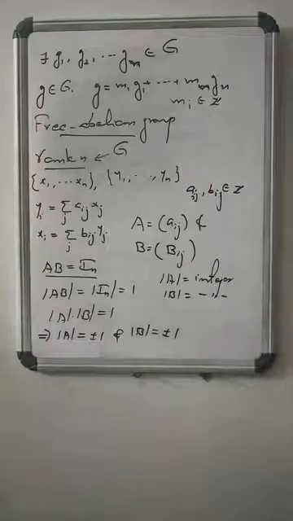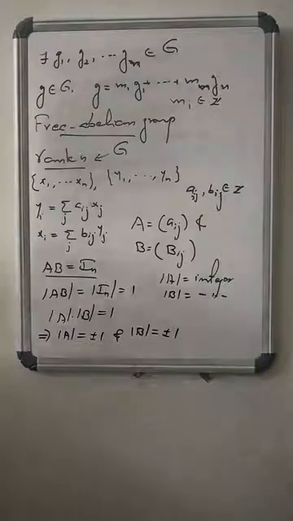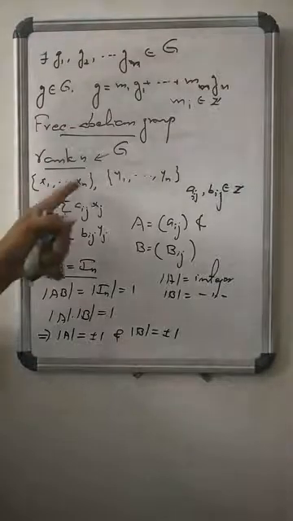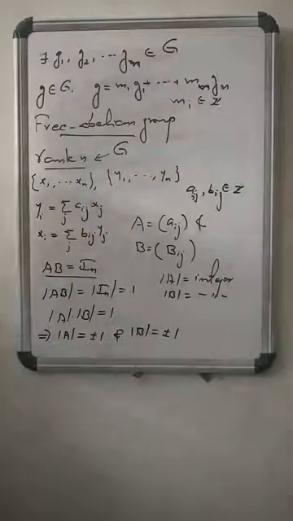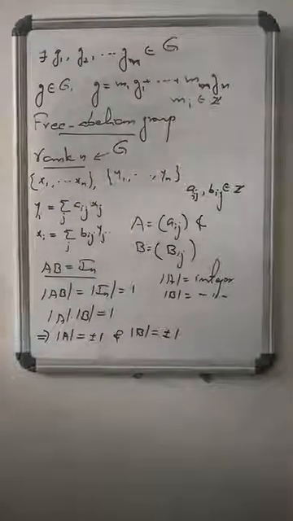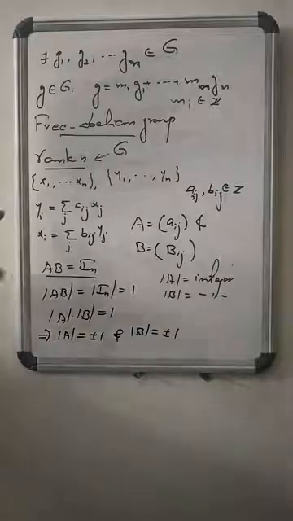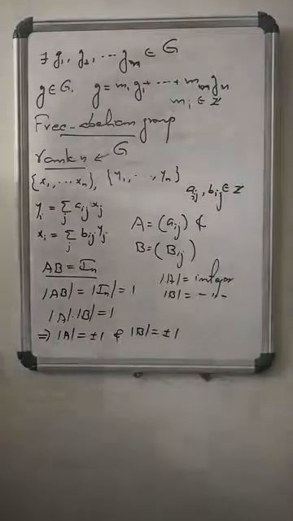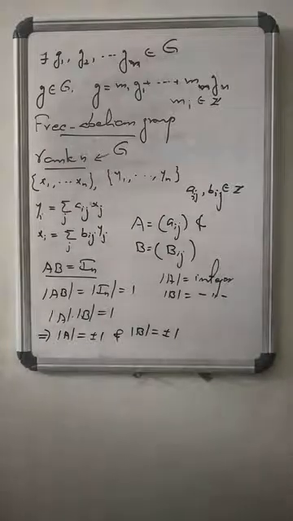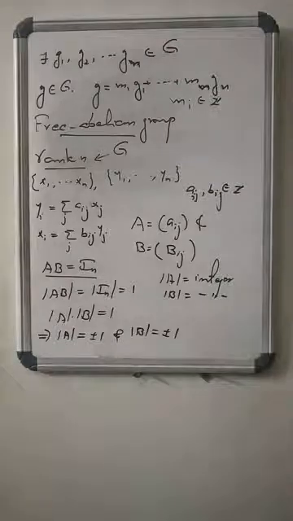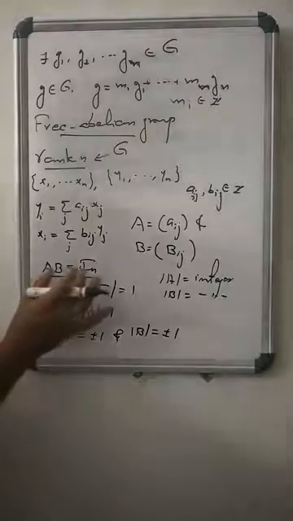So you can choose aij and bij. If x1 etc. xn, y1 etc. yn are bases of a free abelian group G, such that yi equals sigma with respect to j of aij xj and xi equals sigma with respect to j of bij yj, where aij and bij are integers, then you can construct the matrices A, matrix aij, and B, matrix bij, with AB equals In.